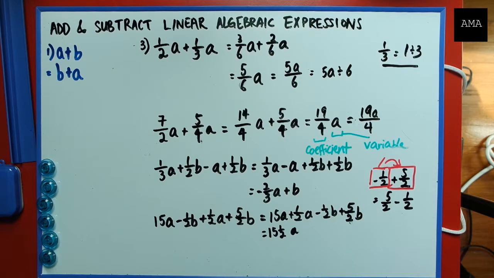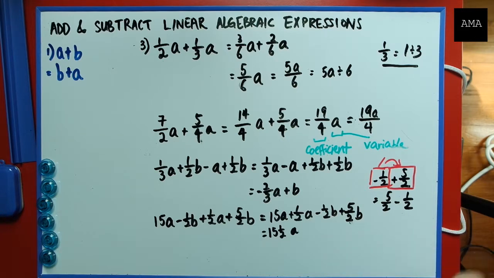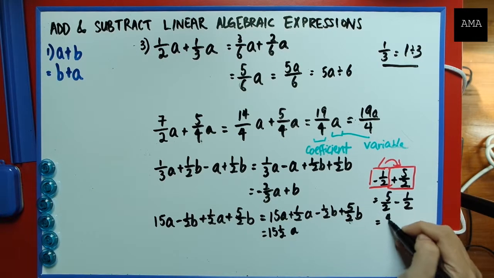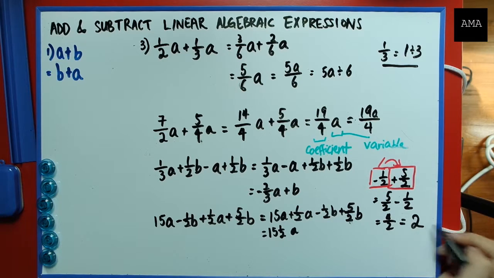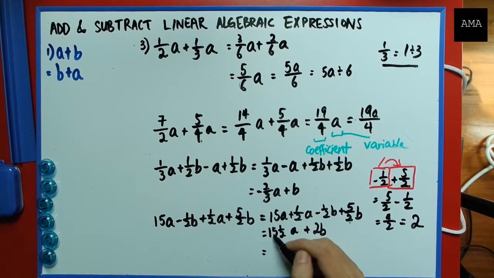It is commutative, which means you can change the order without changing the result. This is 4/2, which is 2. So this is basically 2b. Now what do I do with this? Again, express it as an improper fraction. 31/2a plus 2b. So that's all.